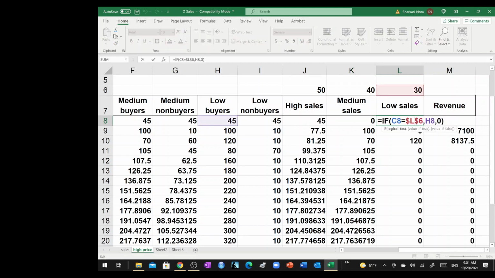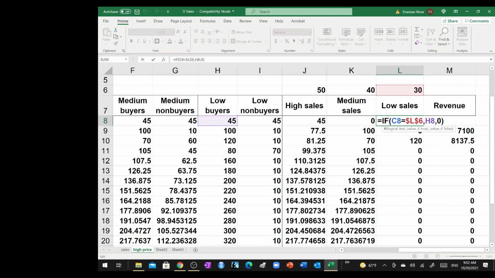The same applies over here. But these guys, we're not going to say less than or equal, but even if you say less than or equal, the system will still work fine and Solver will still work fine. But because you're a smart individual, you understand that you set up the system in such a way that there won't be any price below the minimum, which is 30.